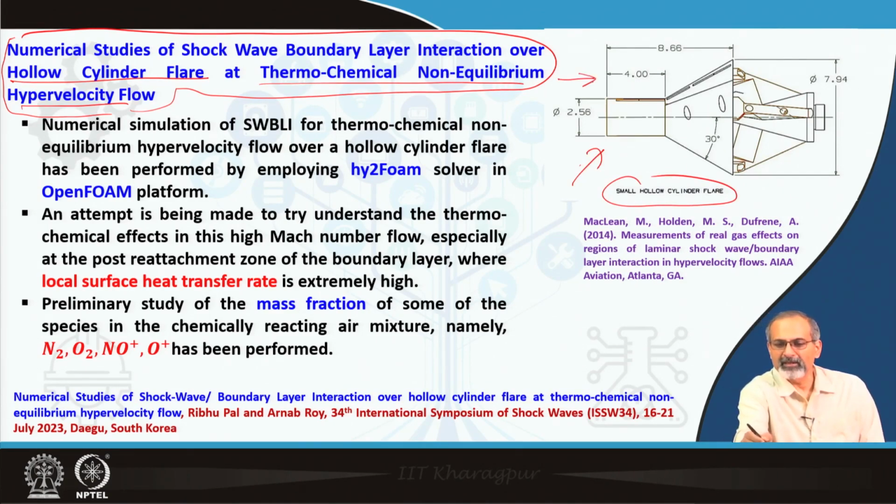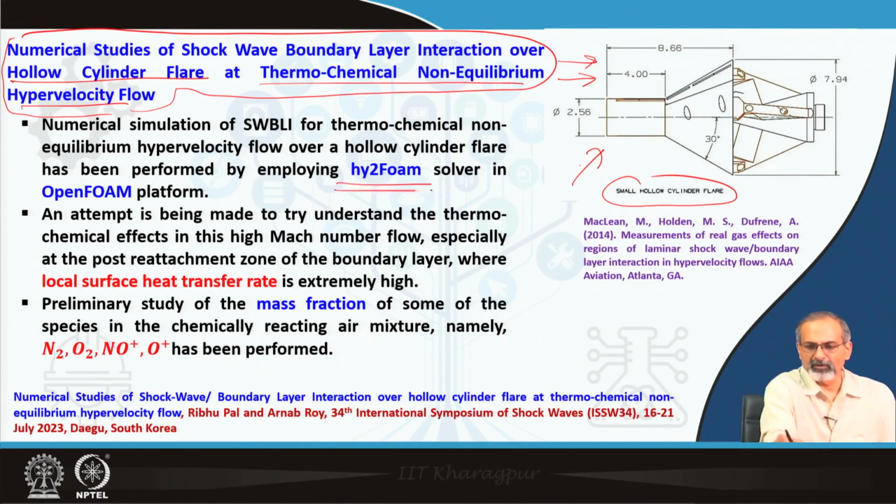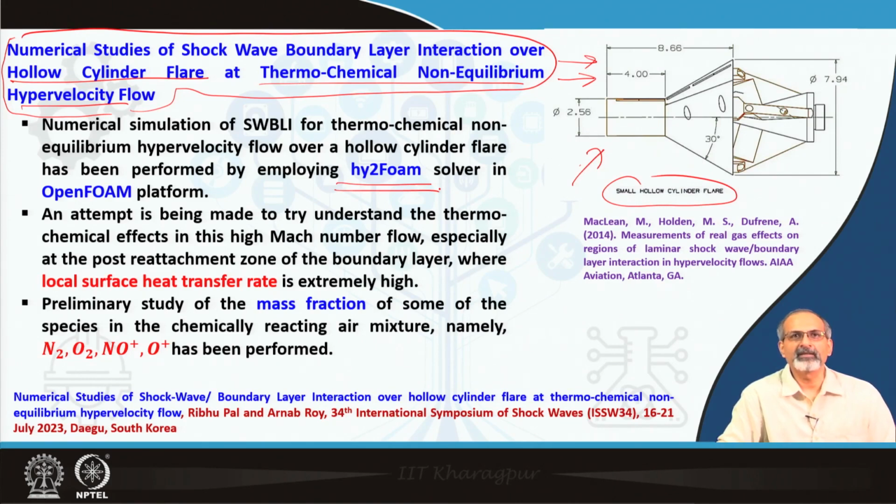So, the flow basically approaches from the left towards the right of this body, and here we have used the Hy2Foam solver in OpenFOAM platform for performing this analysis, and we have tried to look at the different features of the flow and also explore the local surface heat transfer rate.